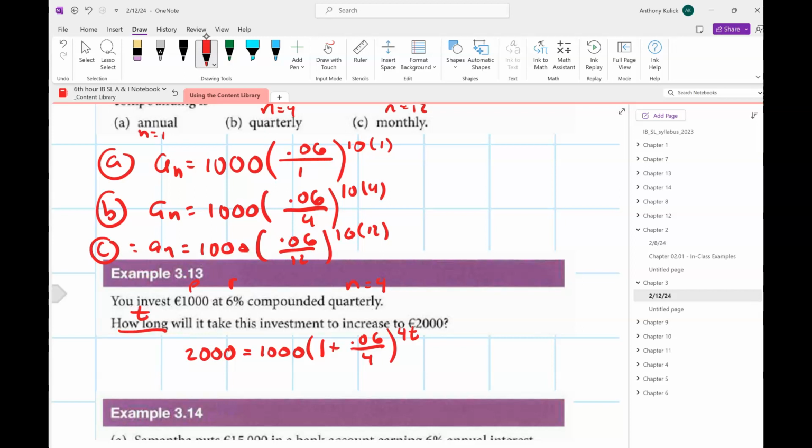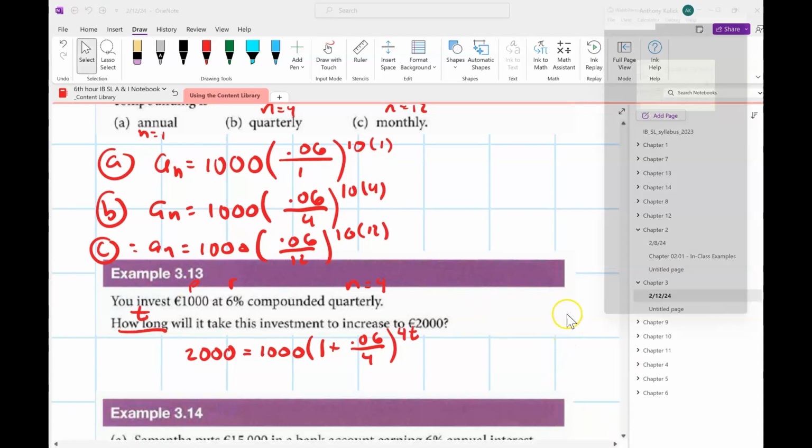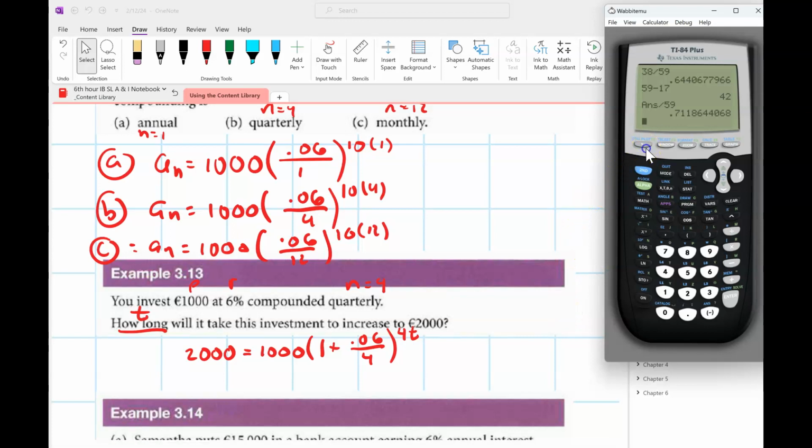Everybody's okay with that idea? So we can do this the brute force way. I can type in the right-hand side into my y equals.